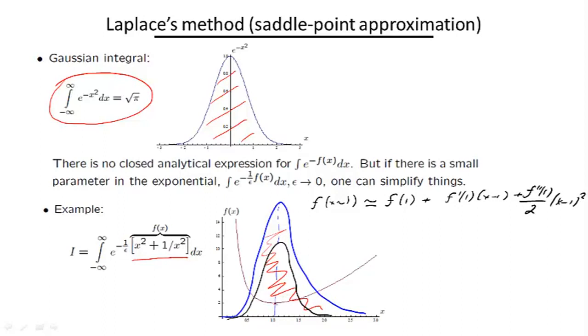But since this is the minimum of my function, the first derivative of my function here vanishes, so it becomes equal to 0. And so the only terms which in the leading order matter are this one and the quadratic term, which makes the integral that I'm dealing with Gaussian.